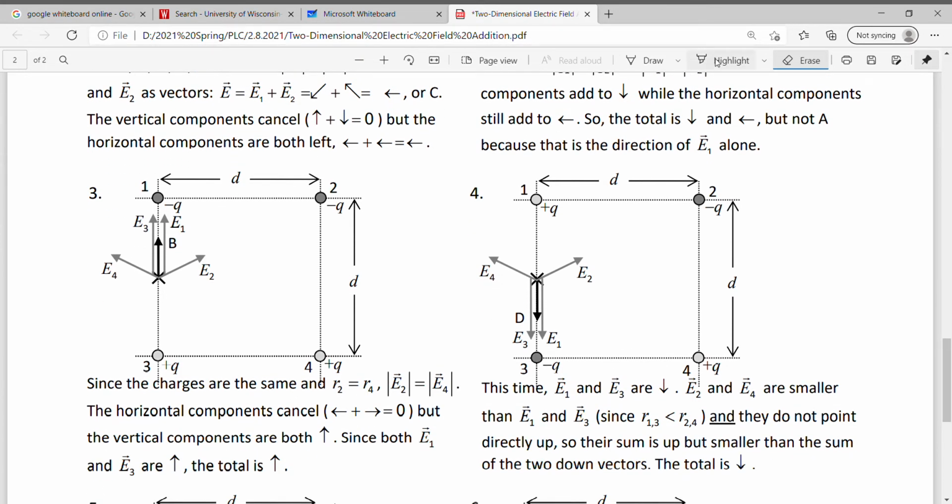You can see that. So let's label this as a blue arrow.